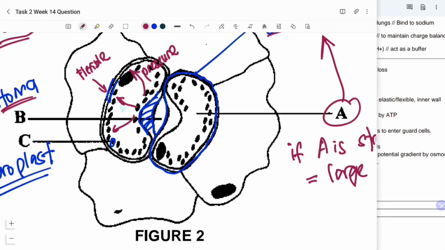Okay, so bila sel ni akan expand because of water move by osmosis tadi, dia akan menyebabkan sel itu secara overallnya melengkung menjadi bentuk C dan menyebabkan stoma itu open. Okay, that's why penting untuk awak boleh describe the outer wall is lebih nipis dan juga lebih flexible, yang inner wall tu lebih tebal dan juga kurang flexible.